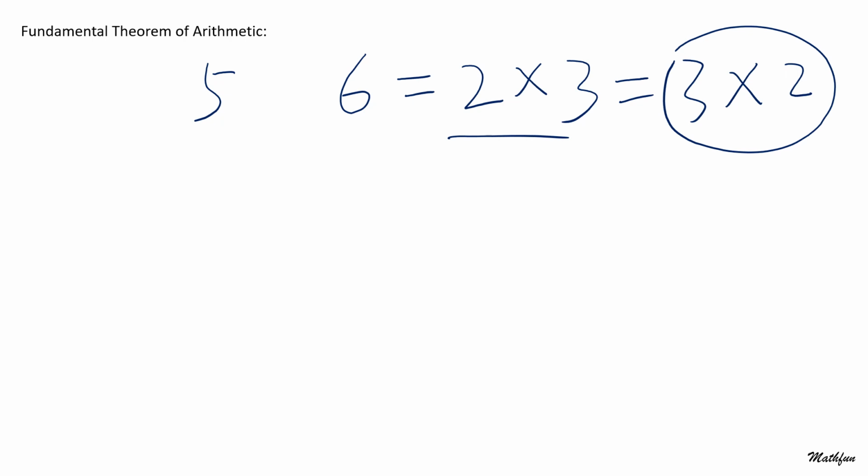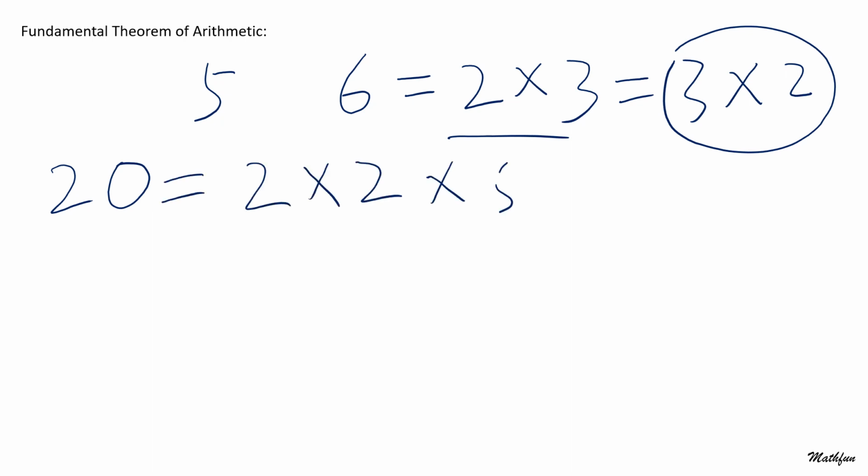Just switching the order of the primes would not be considered a new expression. So in this case, there is only one way to do it. Or we can have another example like 20. 20 equals 2 times 2 times 5. So that's what this theorem is all about.